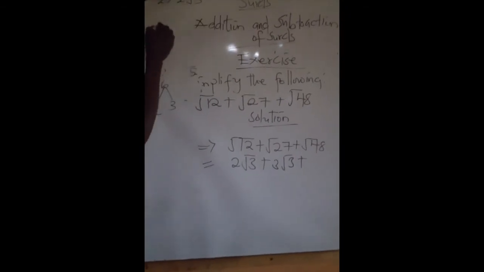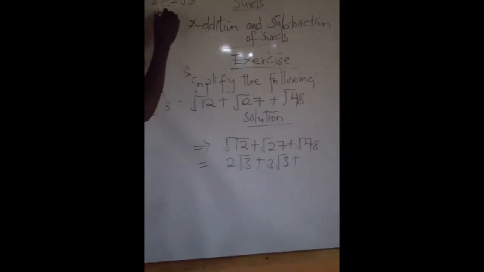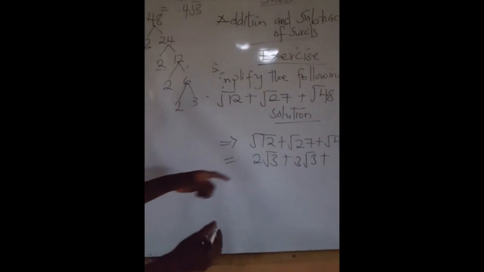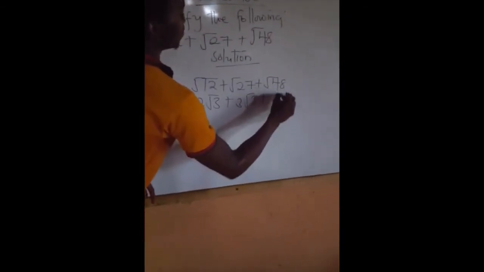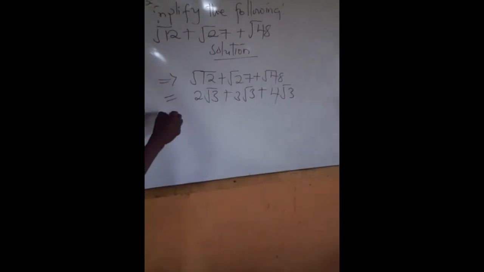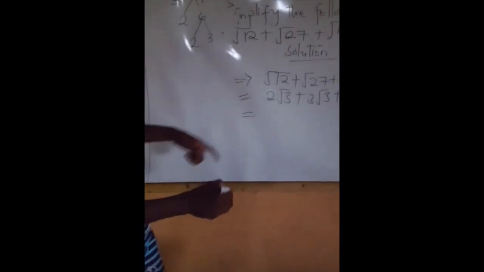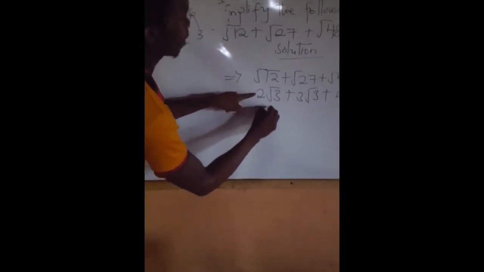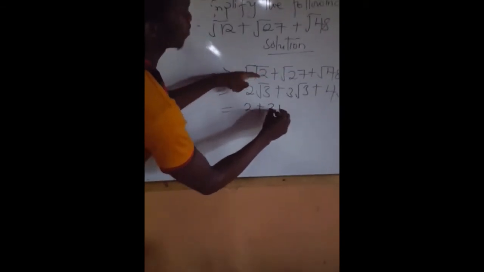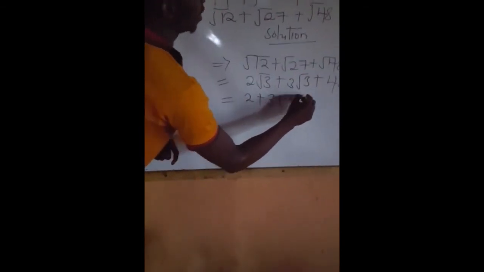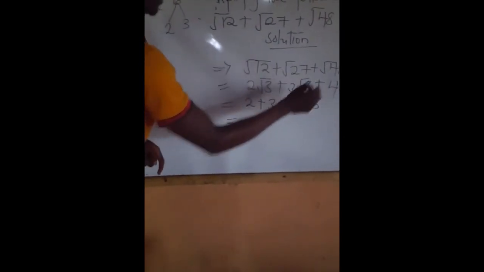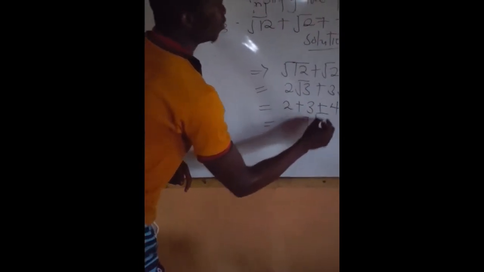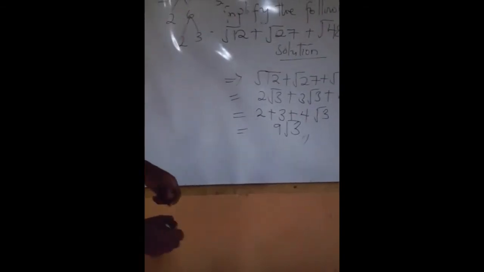So 2 by 2 gives 4. Then root 3. So this also means when root 48 is broken down, we are going to get 4 root 3. Now since they are in their simplest form, we cannot add. So we are going to have 2 root 3 plus 3 root 3 plus 4 root 3. So 2 plus 3 gives 5 plus 4, then you get 9 root 3. Okay.